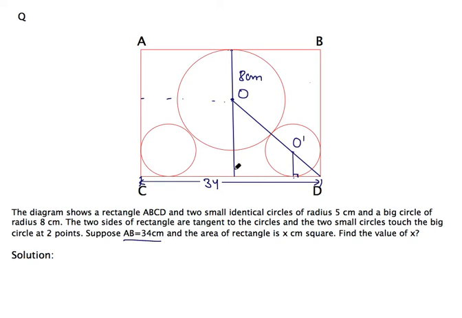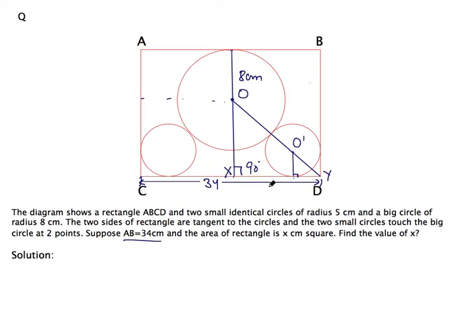Because I know this is 90 degrees, since this line is parallel to BD, so obviously this is 90 degrees. Let's label this point as X and this one as Y. If I have to find OX, I first have to find XY and OY.